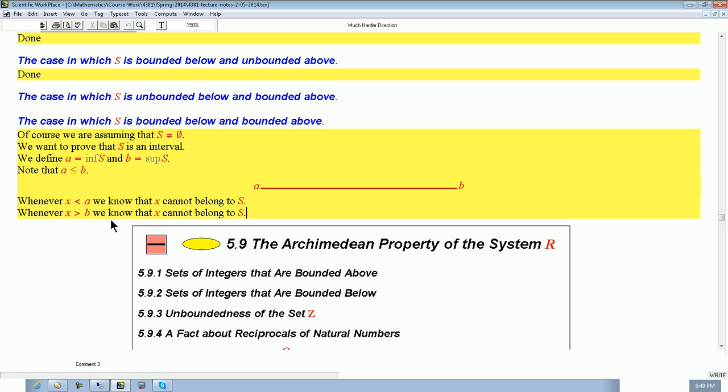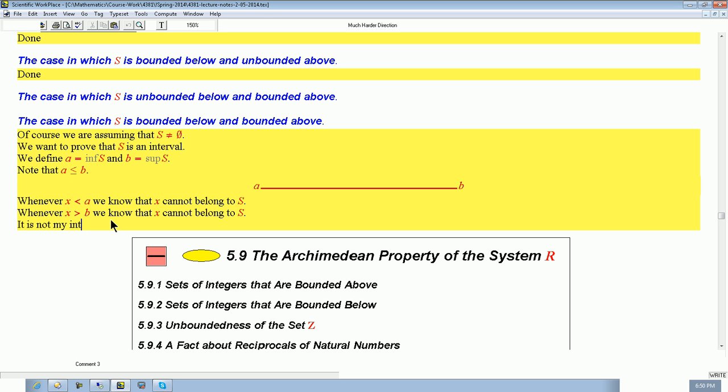Now I'm going to tell you, we shall now show, I'm going to announce: it is now my intention to prove that every number X satisfying the inequality A less than X less than B must belong to S. I'm announcing to you that this is what I now want to do.